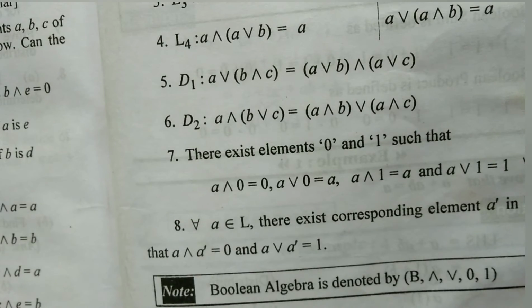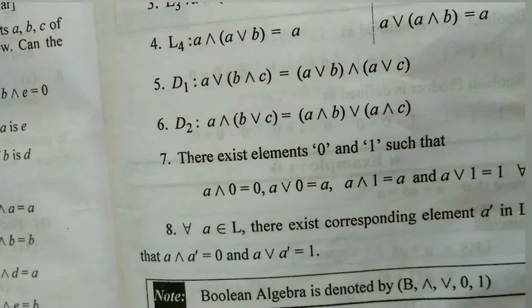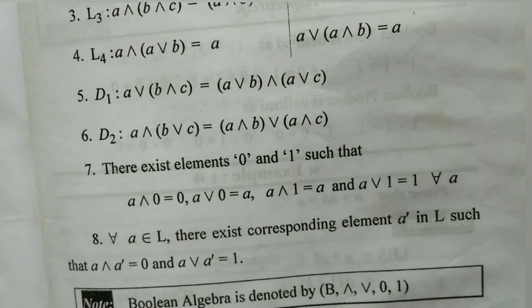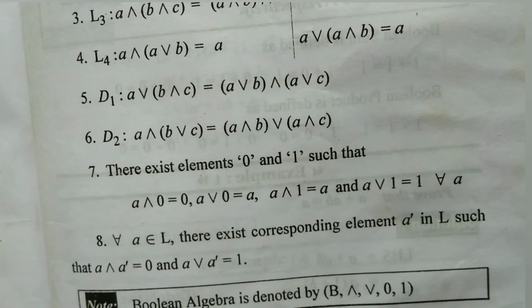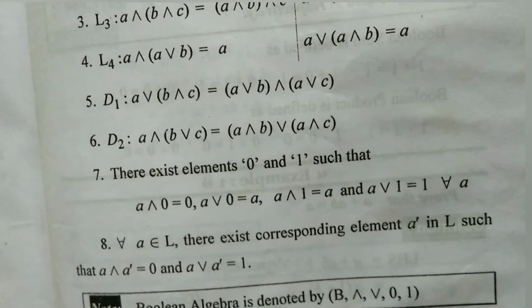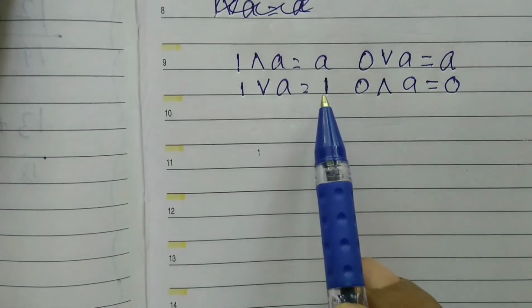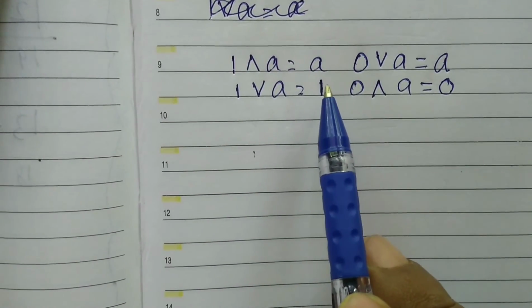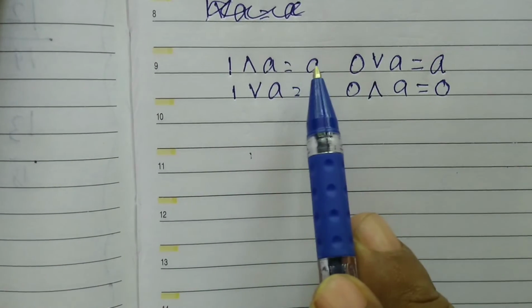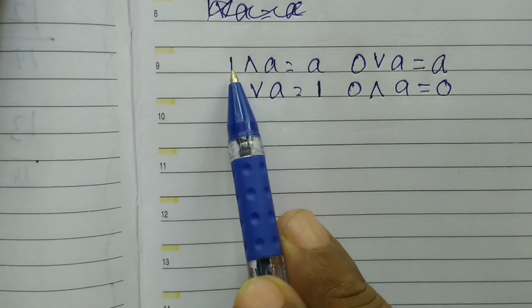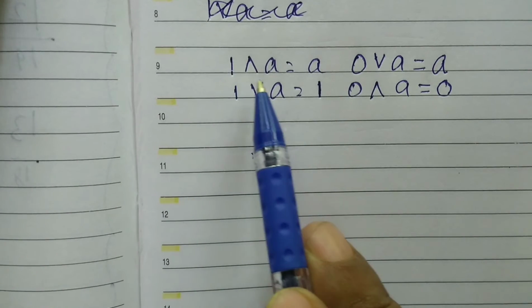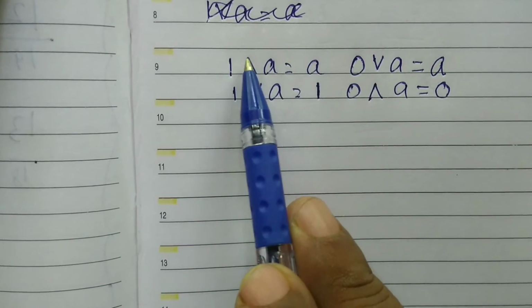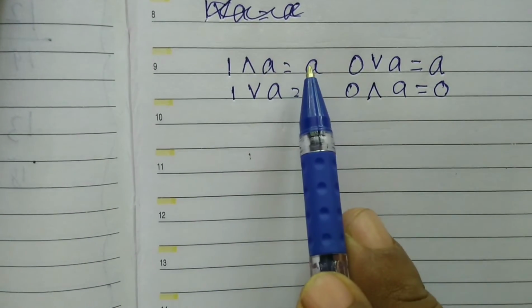So let us go through some properties or some Boolean expressions and how to evaluate the Boolean expressions. To evaluate the Boolean expression, we need these 4 properties. That is, 1 and A is equal to A. Here 1 is the supermost element, 0 is the least element. So when you take the operator AND, we get the smaller element only.